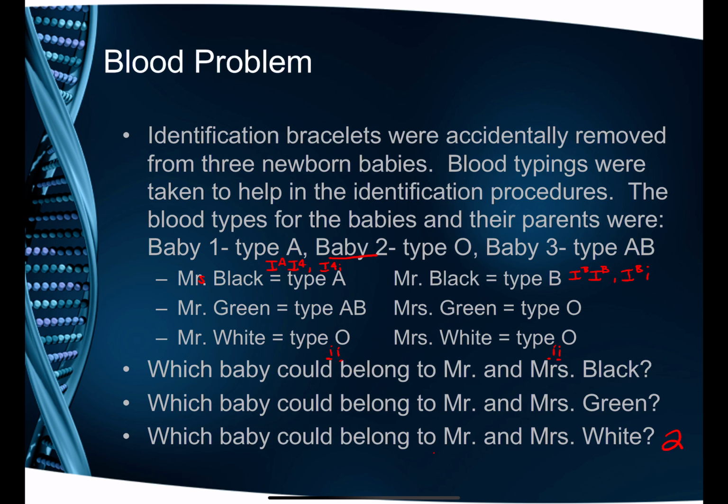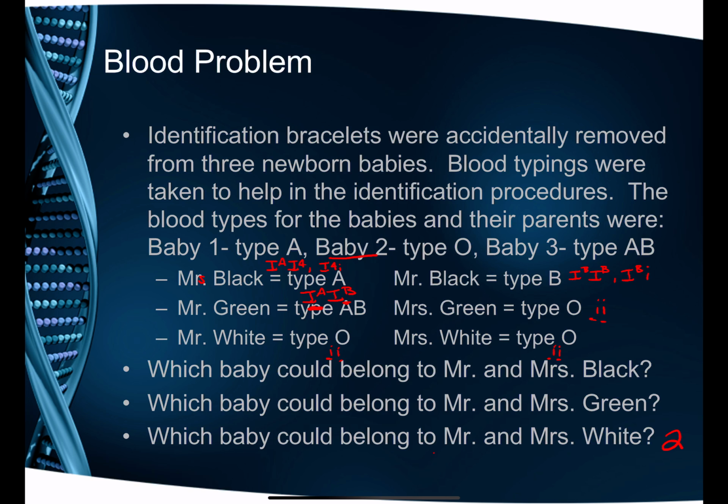Mr. and Mrs. Green, she has to be little i, and he has to be I big A, I big B. All right? So that means their child is going to have to be type A or type B, okay? It would be I big A little i or I big B little i.